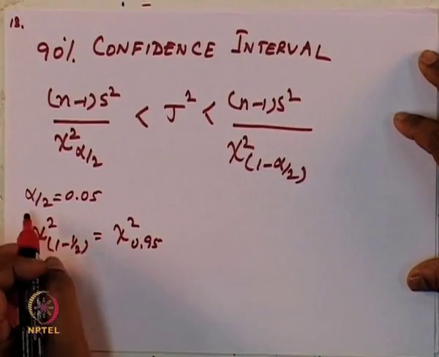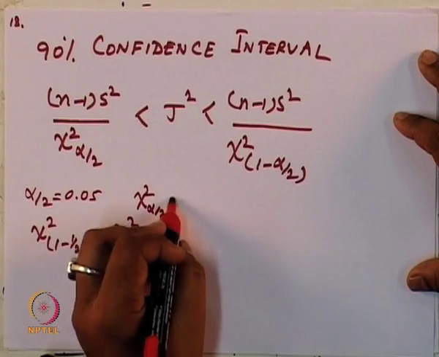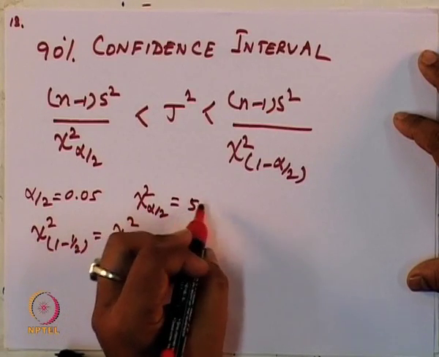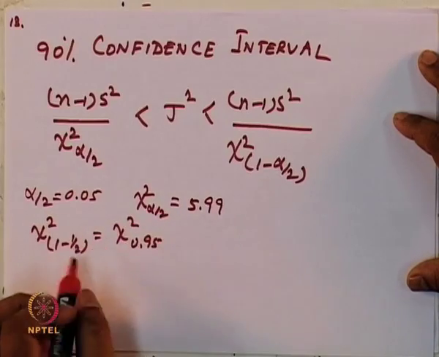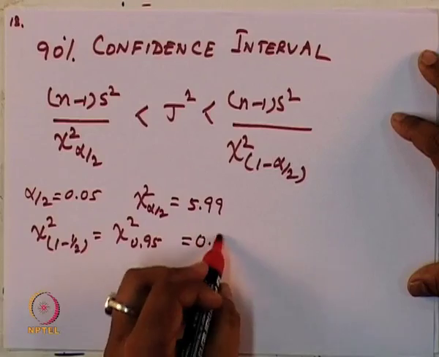Okay. So, for alpha by 2 I can have chi square of alpha by 2 as 5.99, okay, and chi square of 1 minus alpha by 2 is chi square of 0.95 equal to 0.1.